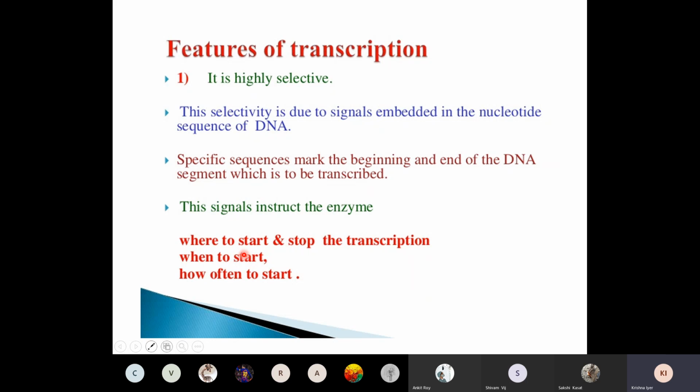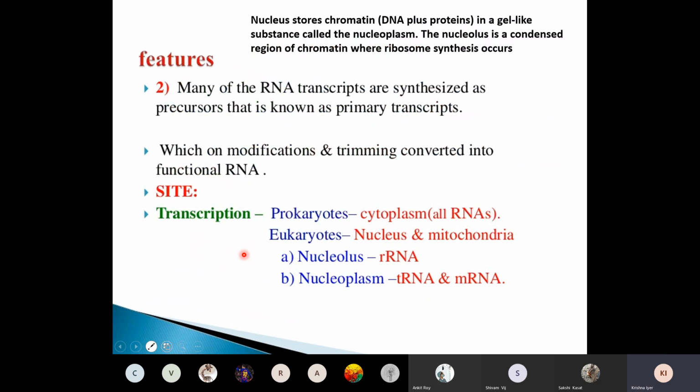The second is that many of the RNA transcripts that are made, especially in eukaryotic systems, and it is not that it doesn't happen in prokaryotic systems, but it occurs to a greater extent in eukaryotes, are many times not ready to do their function as is, and have to be acted upon further to give you the secondary or tertiary transcript.